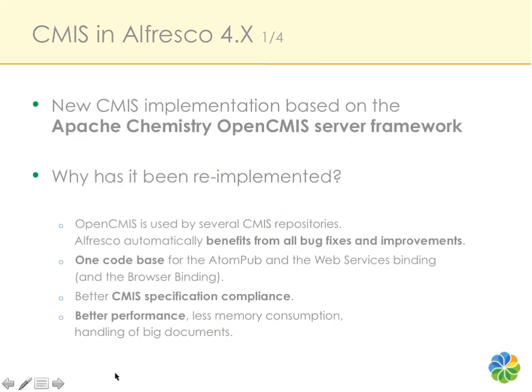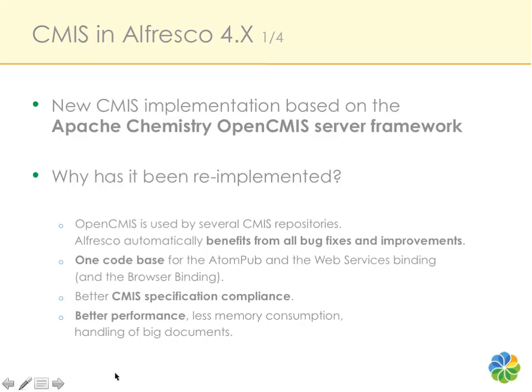The first reason is that OpenCMIS is now used by several CMIS repositories, so it's not just us, and all the bug fixes and improvements around this framework, we will benefit from if we use it. So this was a pretty simple sale within Alfresco. It makes sense that we get all these experiences and improvements from the Apache project into Alfresco.